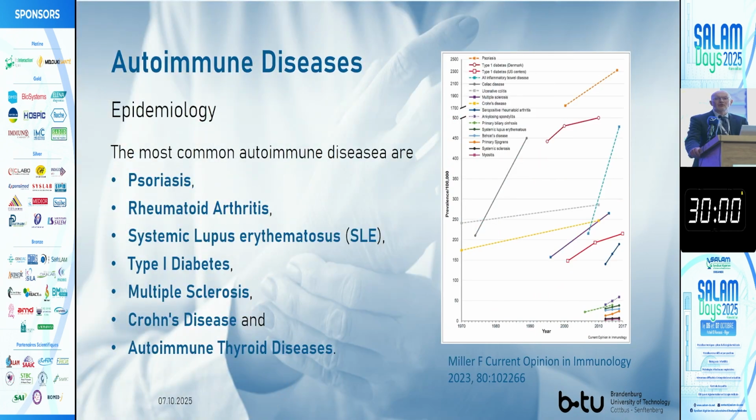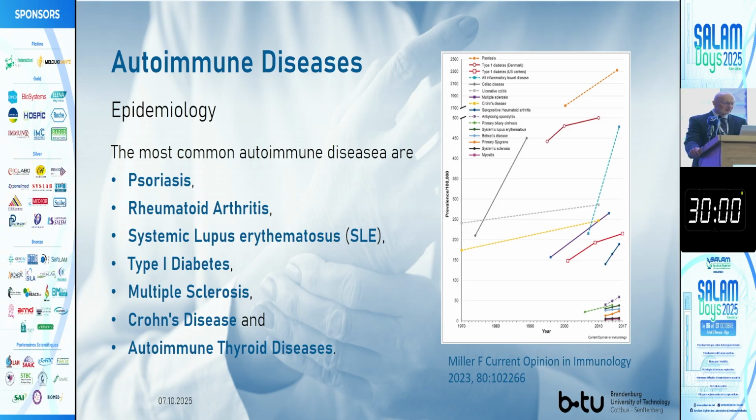Just a word about the variety of autoimmune diseases that we can detect today, or let's put it in different words, the enormous challenge physicians have to cope with in terms of the differential diagnosis of autoimmune diseases.